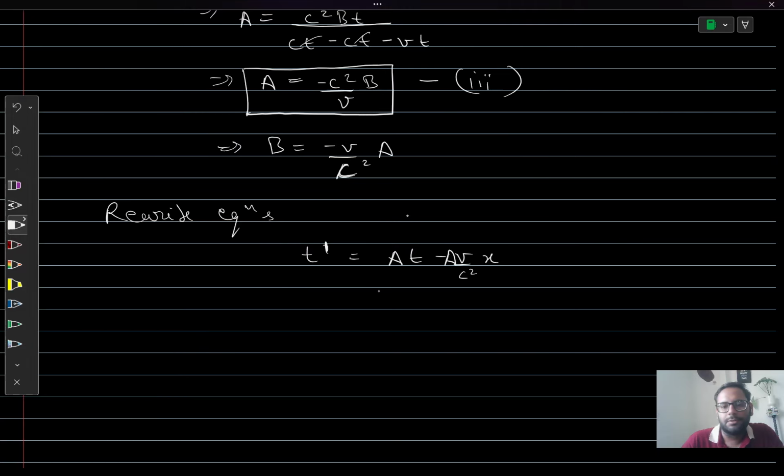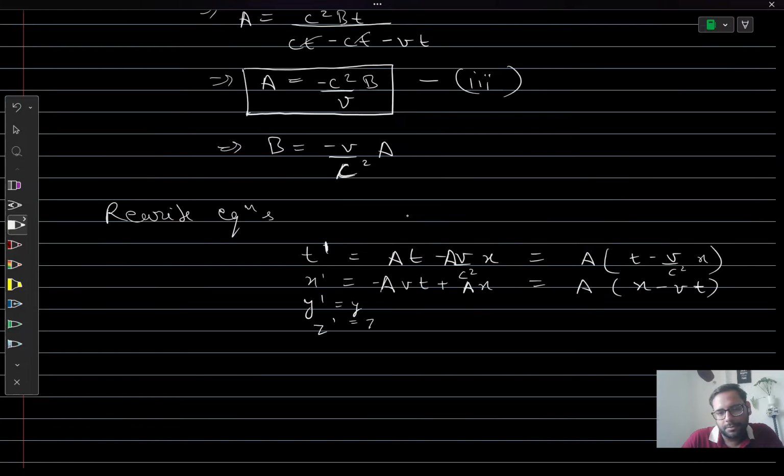Now x prime will be a times x minus vt, and plus ax. You can further write it as a times t minus v by c squared x, and x minus vt. And y prime equals y and z prime equals z.